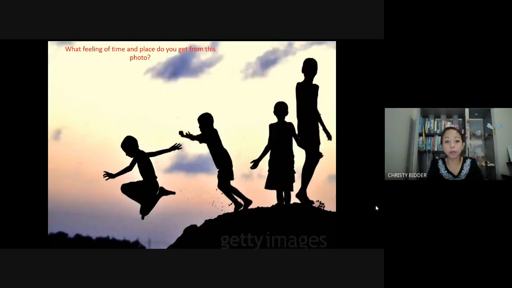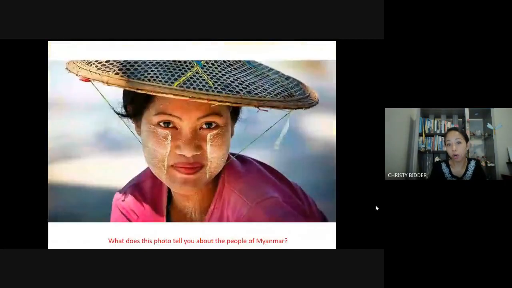For example, when you look at this travel image, what feeling and time do you get from it? Or what does this photo tell you about the people or women in Myanmar?